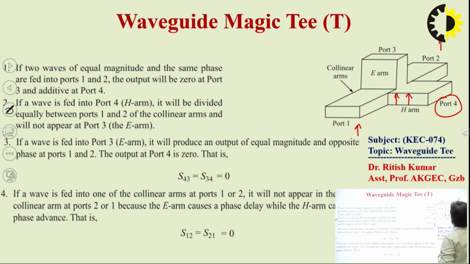So both the powers will get added at port number 4. So this port we can call a summation port.